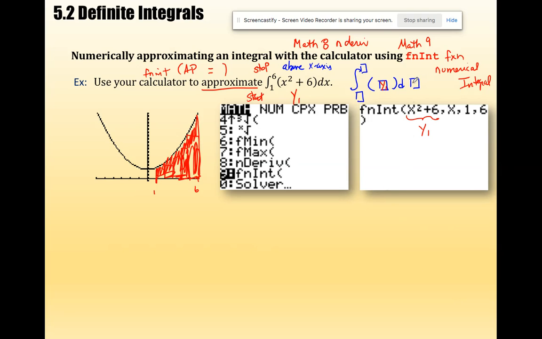You have to tell the calculator you are integrating with respect to x, right? Your widths are x, and you have to put commas if you have the older software. And of course, you have to tell the calculator where to start drawing rectangles and where to stop.